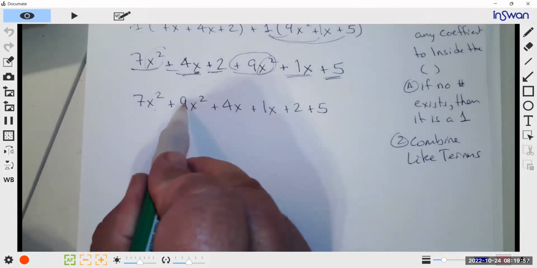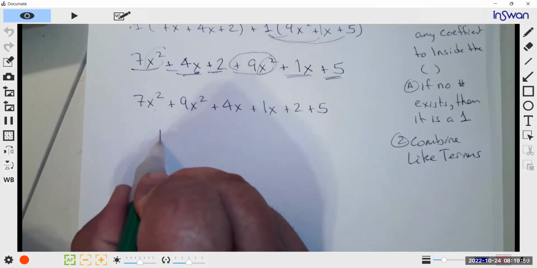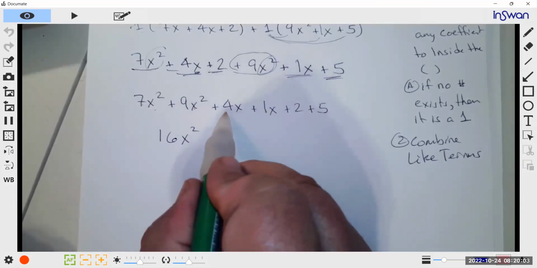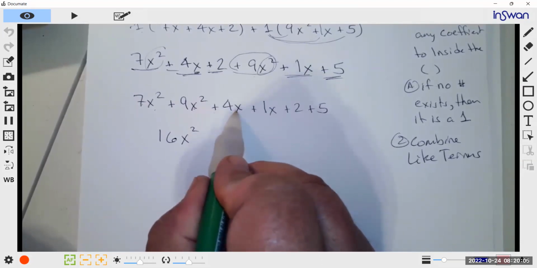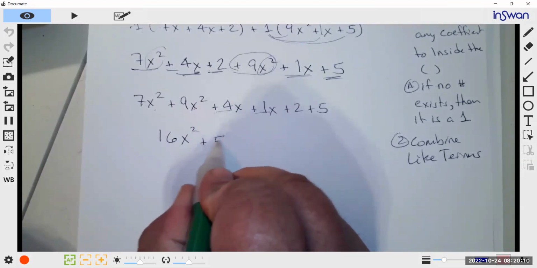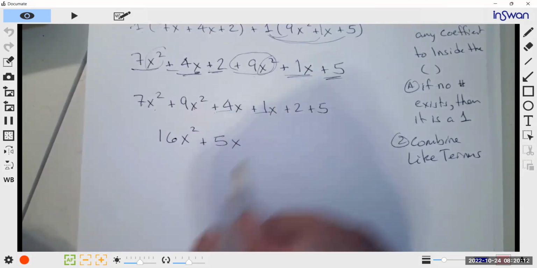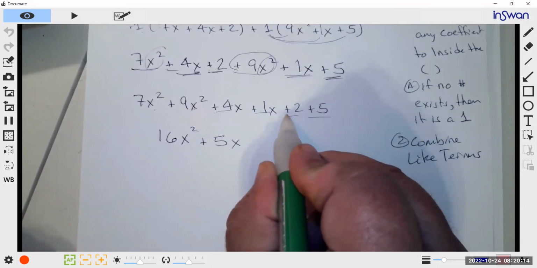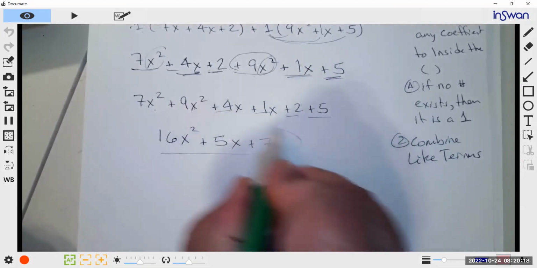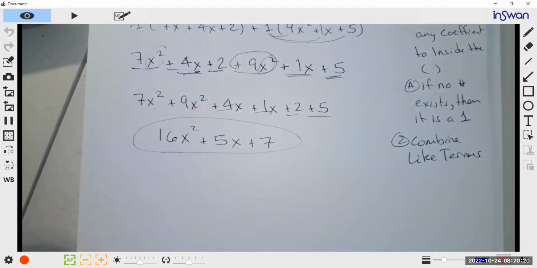So how many x squares do we have? We have 7 plus 9. We have 16x squared. How many x's do we have next? We have 4 and then 1 more. So we have positive 5 x's. And then constants, we have positive 2, positive 5 makes it a positive 7. So there's our combined like terms.